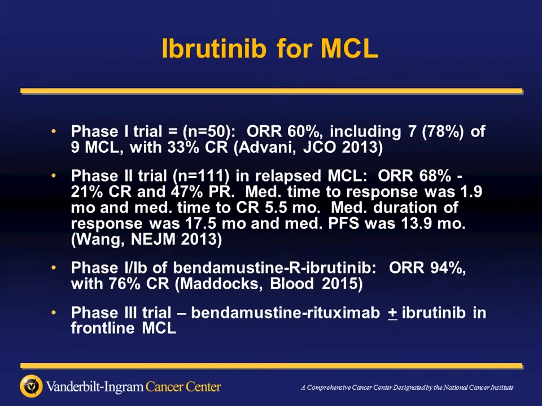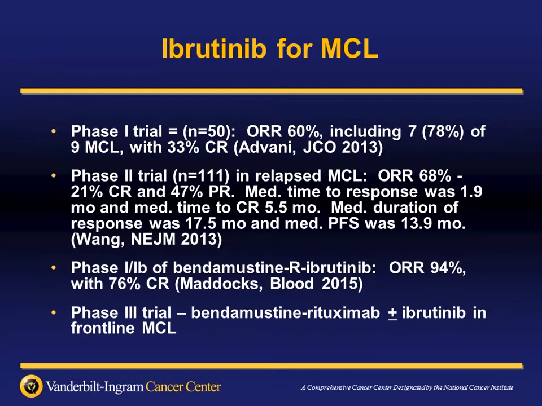Ibrutinib, also approved. Phase 1 trial, response rates at 60%, including 7 of 9 patients with mantle cell lymphoma, who had 33% CR. In a phase 2 trial for relapse, response rates at 68% and 21% CR with 47% PR. So again, a very effective agent. And now how do we use it with other drugs?